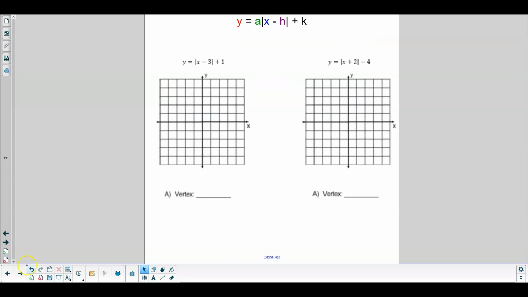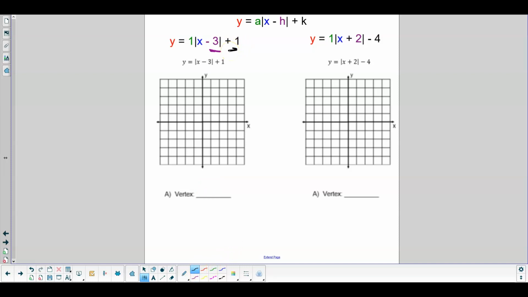Try the next one. Okay, if you took the time to write your equation with the missing numbers, the only thing missing really was the 1 in front. And again, both of these are positives, so that just means they're opening up. So really, I probably didn't have to write anything else here. I could have just gone with the equation they had. And then don't forget, it's the opposite of that number.